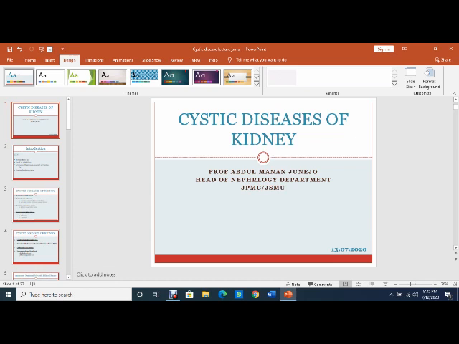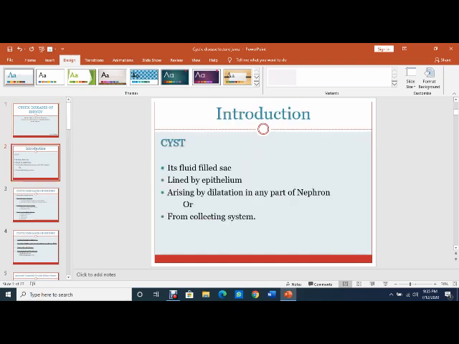So before going to the discussion of the cystic disease of the kidney, we should know what a cyst is. Basically, a cyst is a filled sac that is lined by epithelium, and it arises by dilatation in any part of the nephron or from the collecting system.